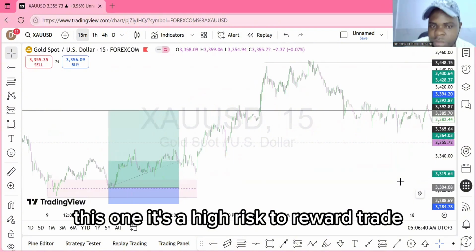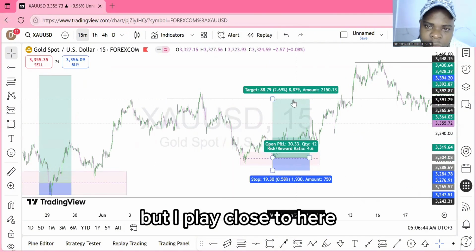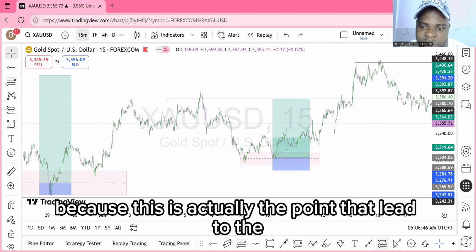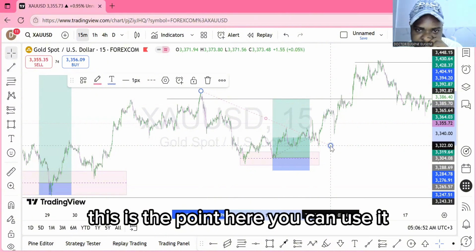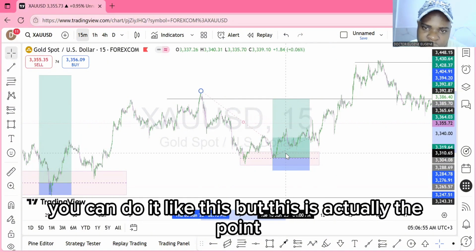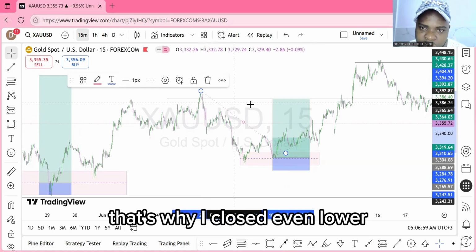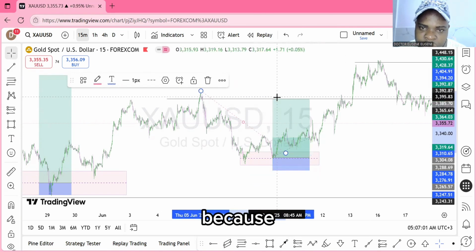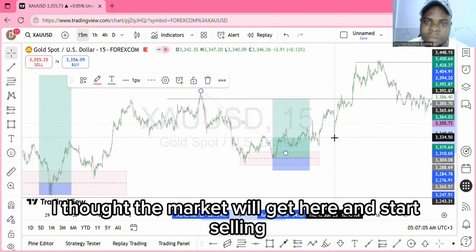This one is a high risk to reward trade, but I closed here because this is actually the point that led to my entry. You can do it like this, but this is actually the point. That's why I closed even lower, because I thought the market would get here and start selling.